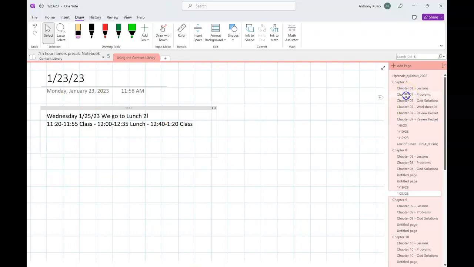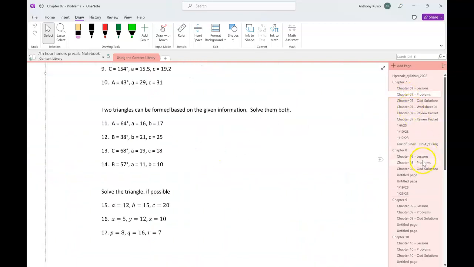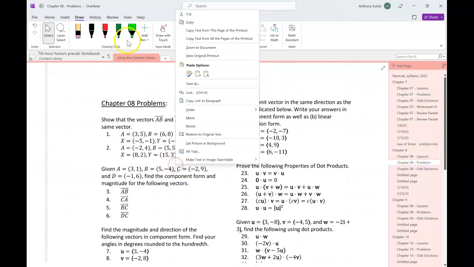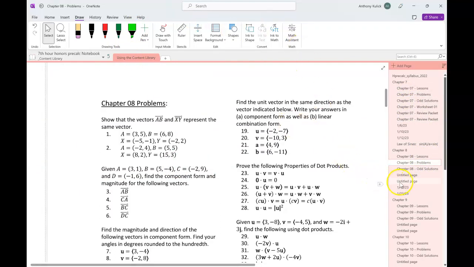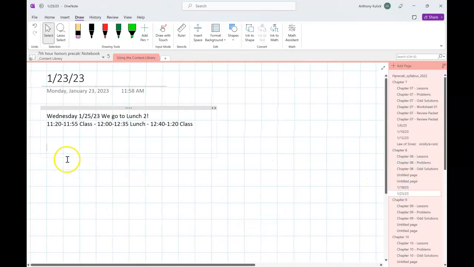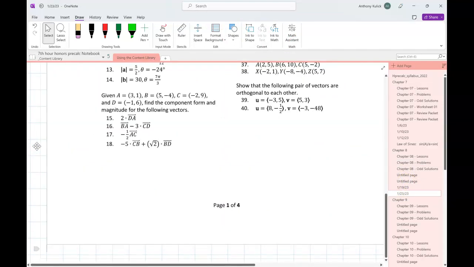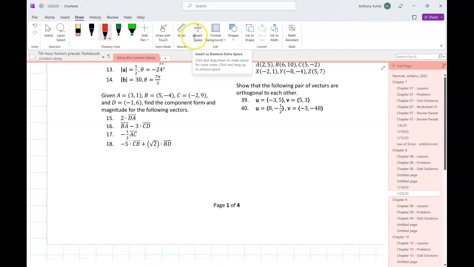Sure. Let's take a look at what 16 said. Okay. So 16 says we're going to do BA minus 3 times CD. So the first thing I'm going to do is calculate BA.